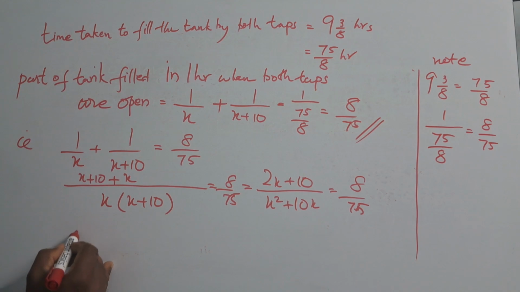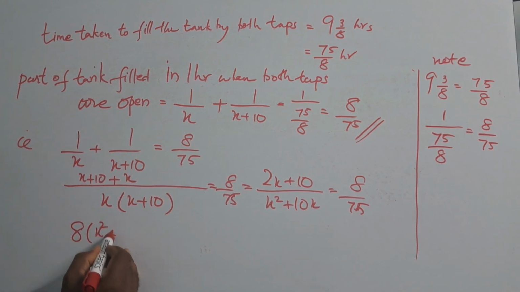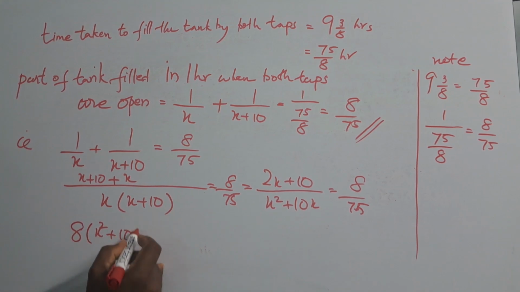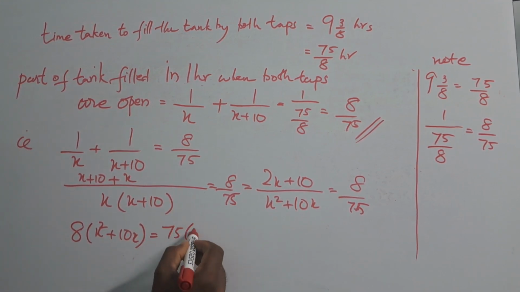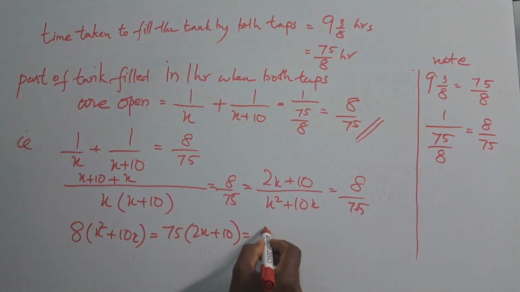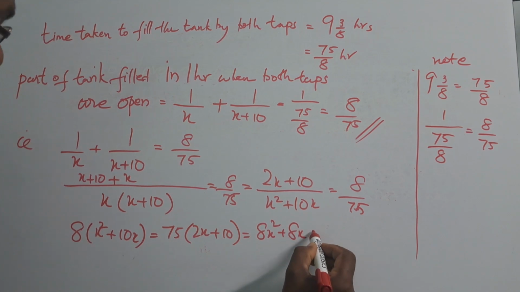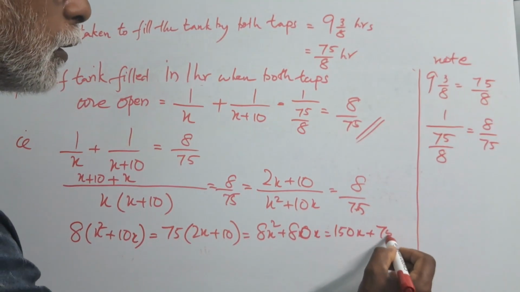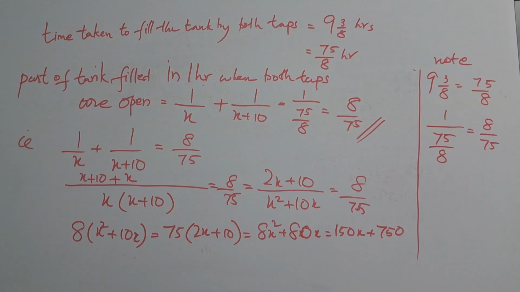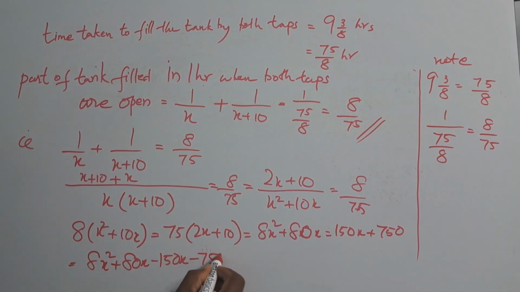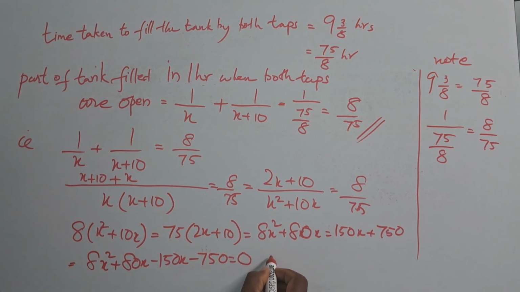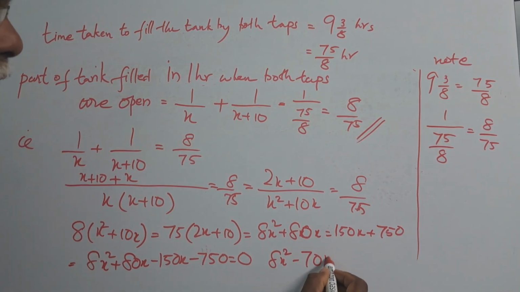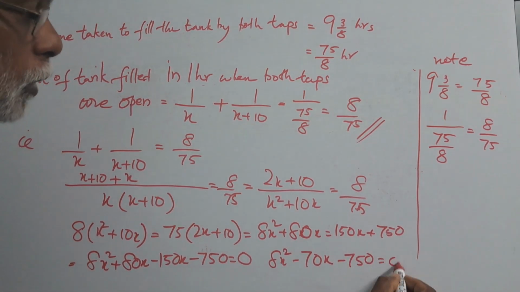By cross multiplication, we get 8 into x square plus 10x equals 75 into 2x plus 10, equals 8x square plus 80x equals 150x plus 750, equals 8x square plus 80x minus 150x minus 750 is equal to 0, equals 8x square minus 70x minus 750 is equal to 0.